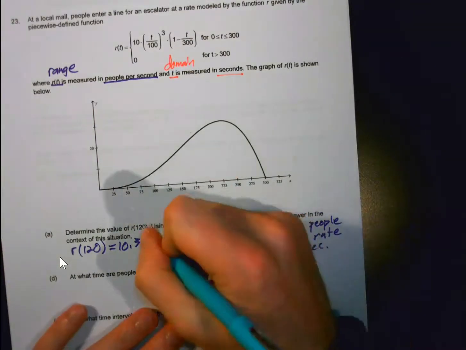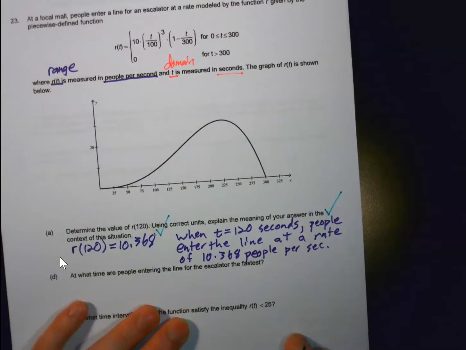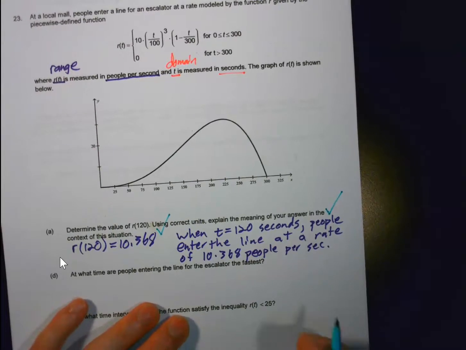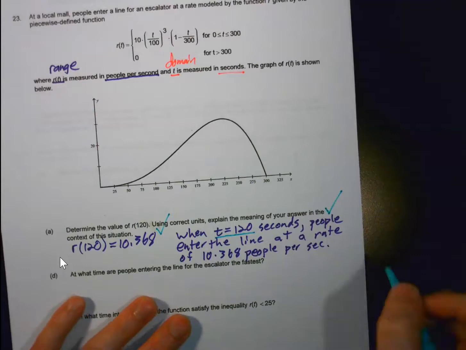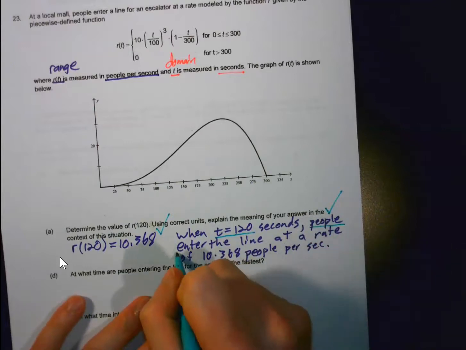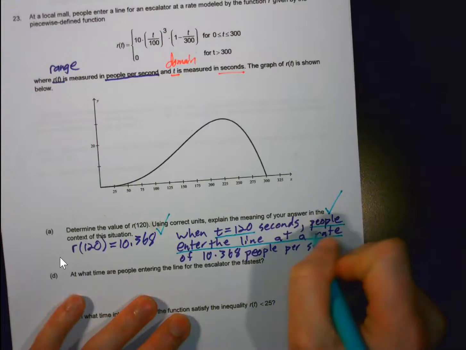This problem would have been worth 2 points. You would have gotten 1 point for the correct value and 1 point for the correct sentence. In the sentence, you need to mention t equals 120, that people are entering the line, and the words at a rate.